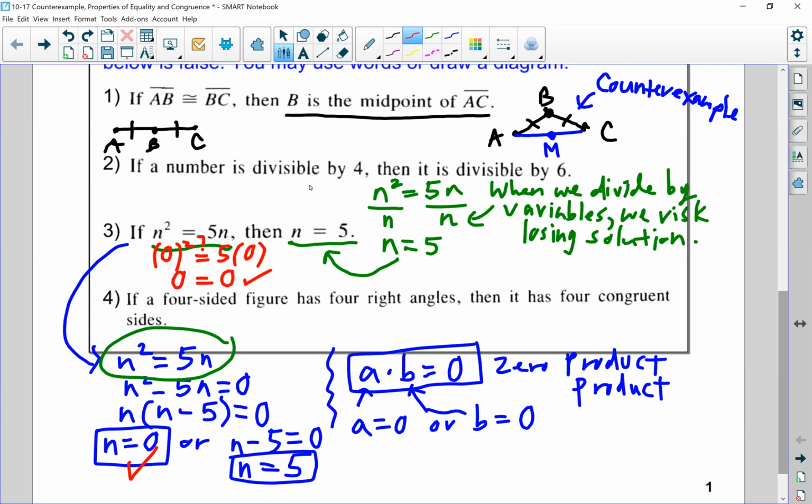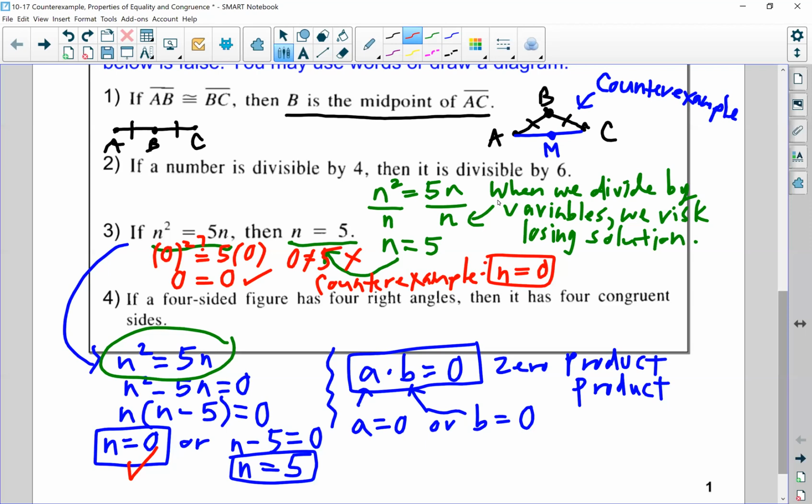However, if we put this value of 0 in the second part of the sentence, 0 equals 5, that is not true. This is a false statement, right? So that's exactly what we want. For number 3, the counterexample is n equals 0. And we can box that so it's more visible.